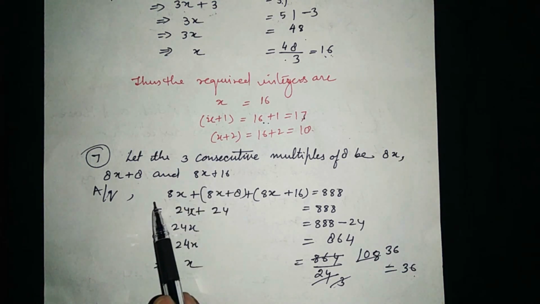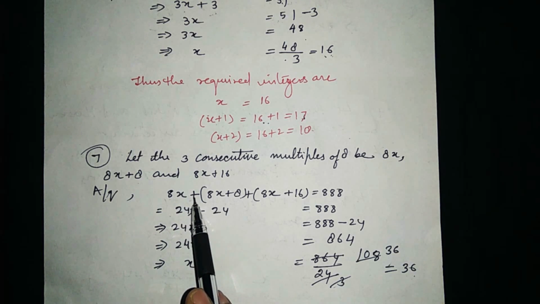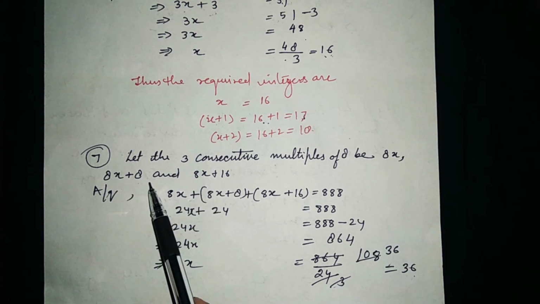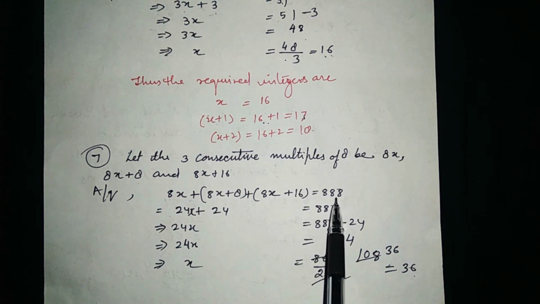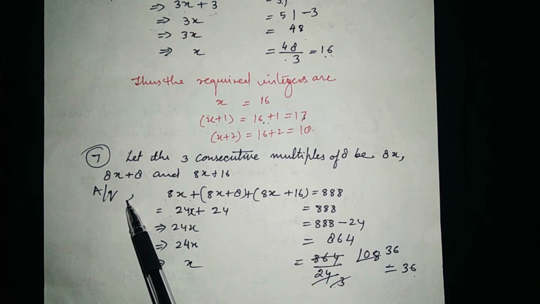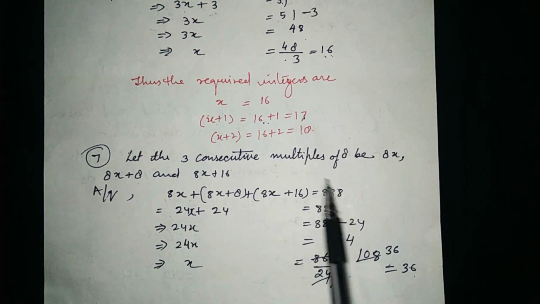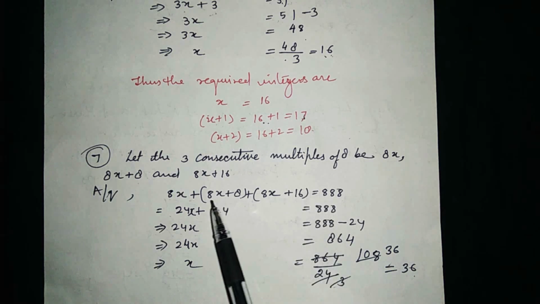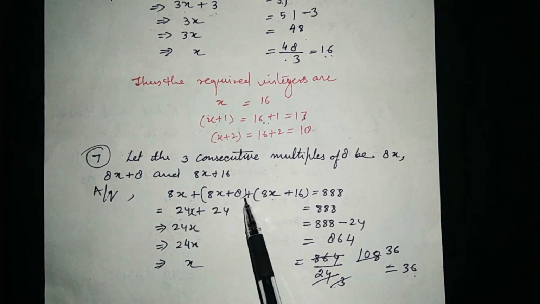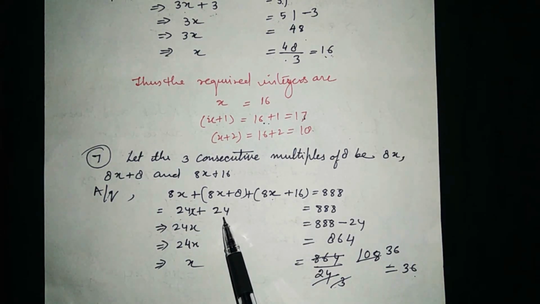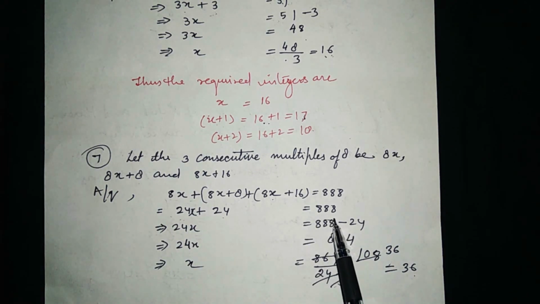Now according to the question, 8x plus 8x plus 8 plus 8x plus 16. Here the sum is coming 888 according to the question. We have made this equation. Now we will solve. 8x, if we add, what comes? 24x, and 8 plus 16, 24, and 24x plus 24 is equal to 888.